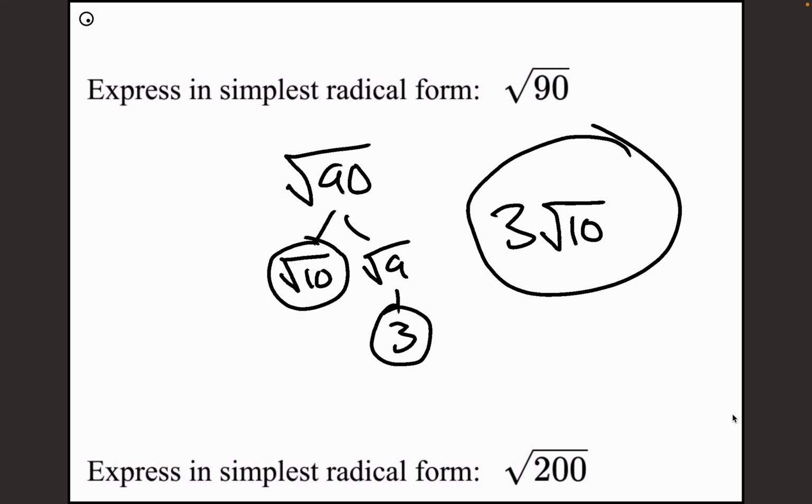Oh wait, no, this was. So then multiply your square roots. There you go. All right, Jordan, tell me what you got.